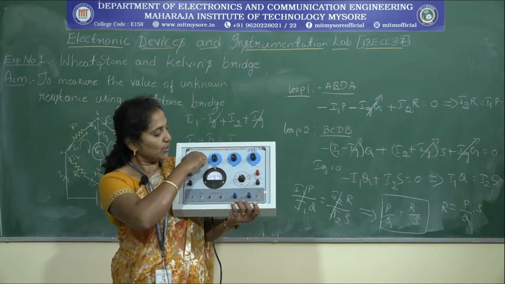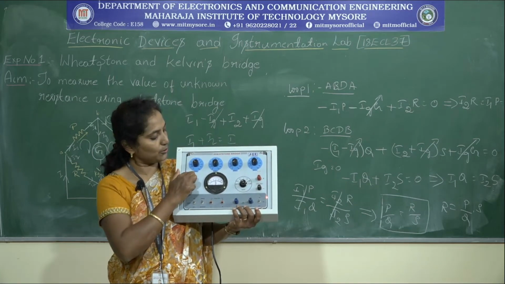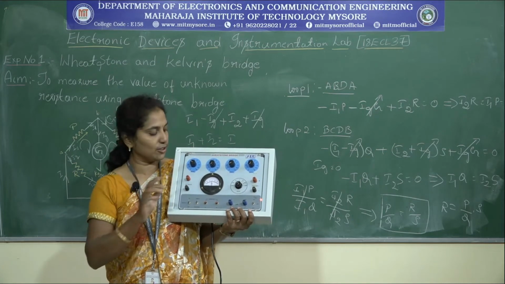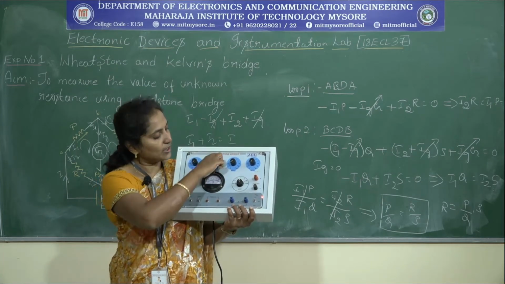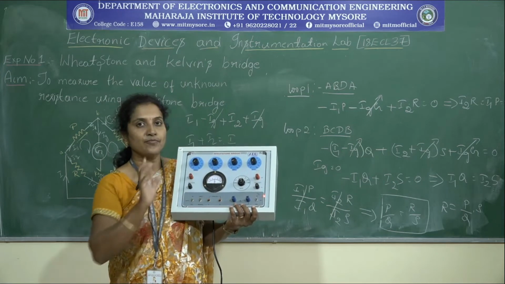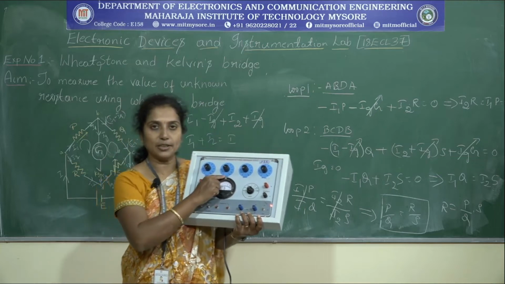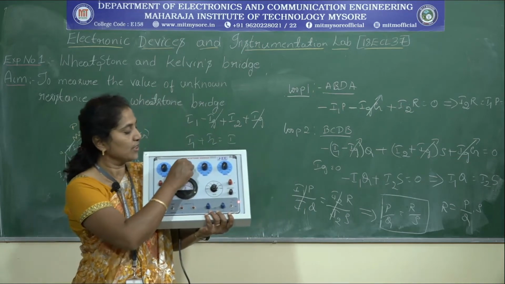If you are varying up to 4 into 1 kilo ohm, it is equal to 4 kilo ohm. Suppose you have varied this side 3 into 100, 300 ohm. This is the multiplier of 100 ohm.